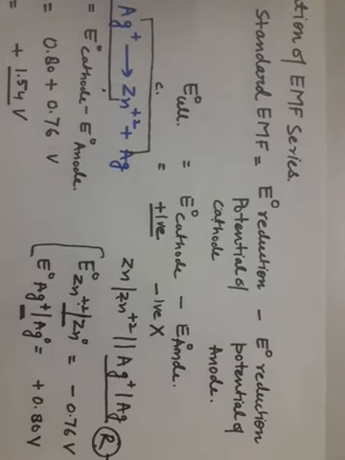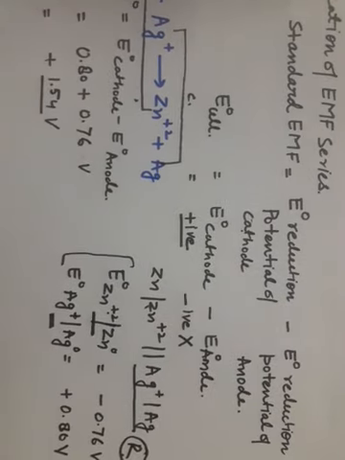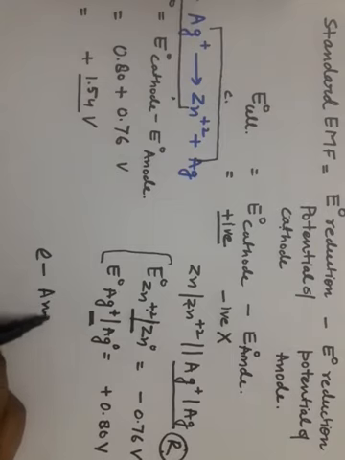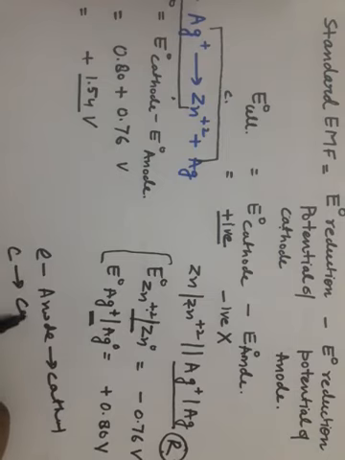See, sometimes the question is also asked, tell the movement of the current. See, the electrons are always moving from anode to cathode, and current is always moving from cathode to anode.